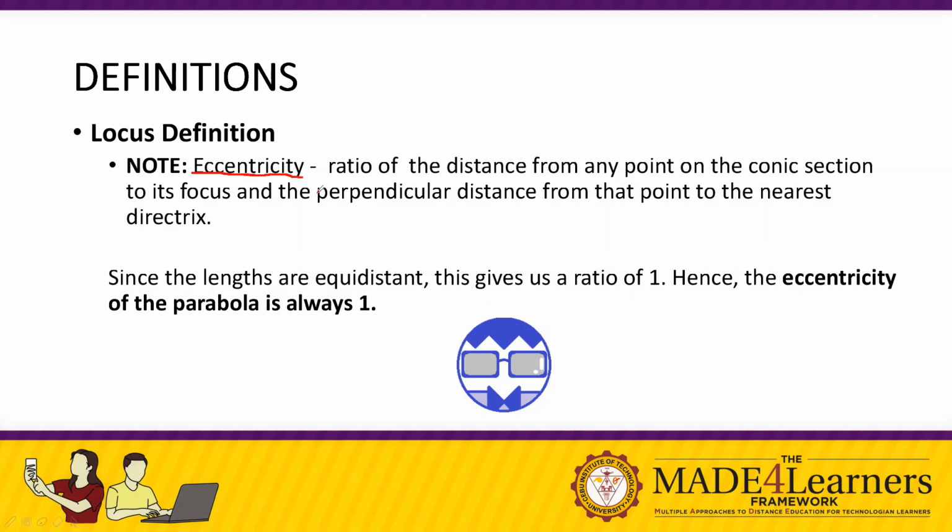Eccentricity is actually a ratio: the ratio of the distance from any point on the conic section, in our case the parabola, to its focus, so the point P to our focus F, and the perpendicular distance from the point P to the nearest directrix, which is the point D on the directrix.